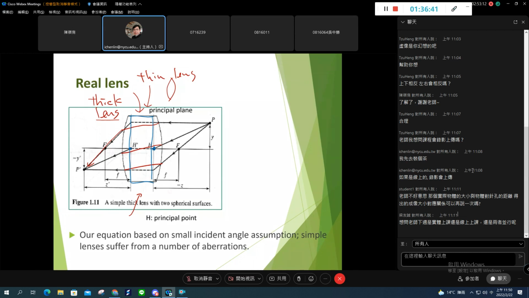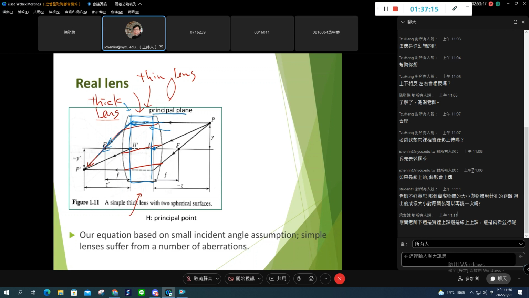So we can extend the parallel rays along this space after the principal point, and then refract them through the focal point after the second principal plane. So this is just a way to simplify the analysis, but the real light goes through this way, the red one. But we can analyze using the blue instead.